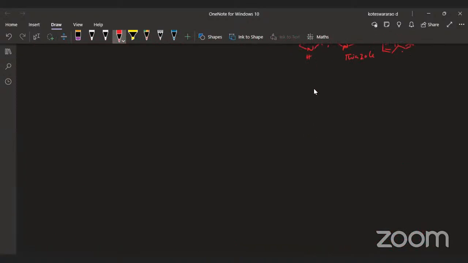Next, nomenclature of heterocyclic compounds. For the nomenclature, we always take the IUPAC guidelines as the standard for giving names to heterocyclic compounds.